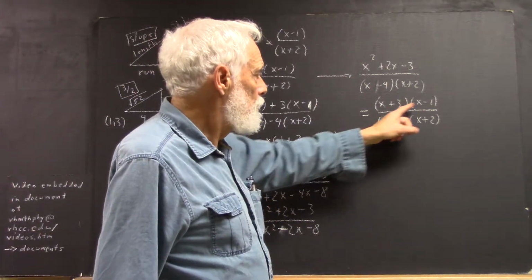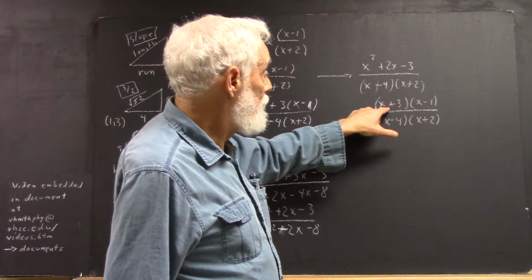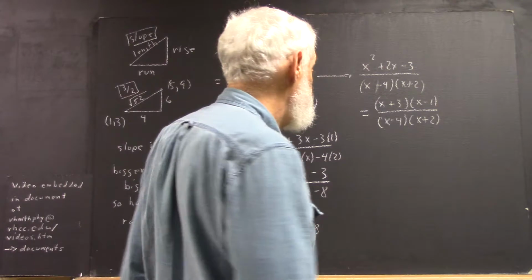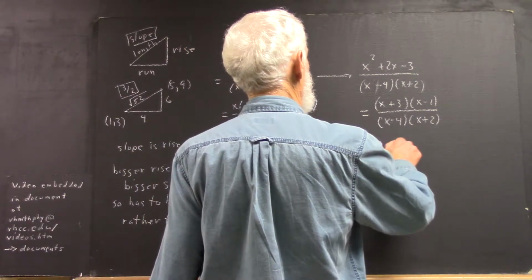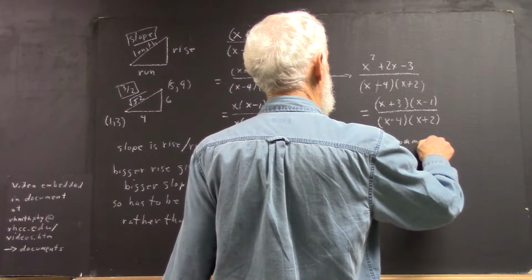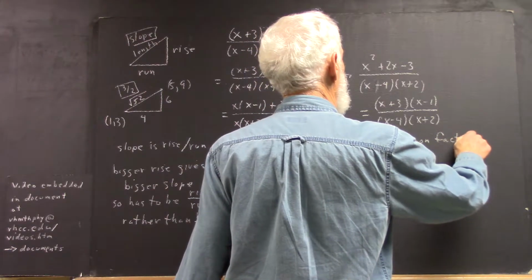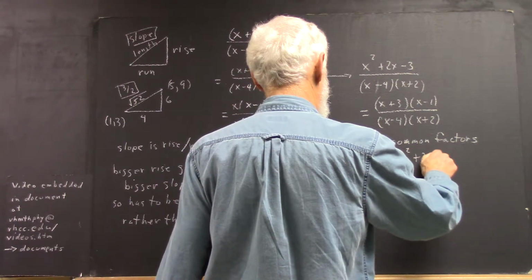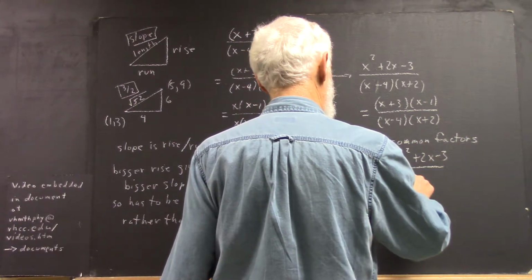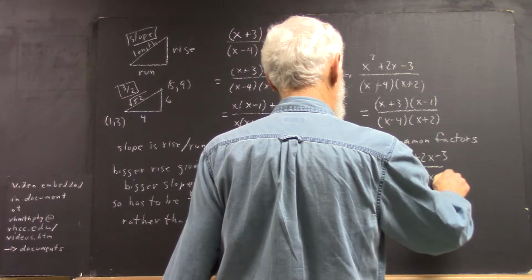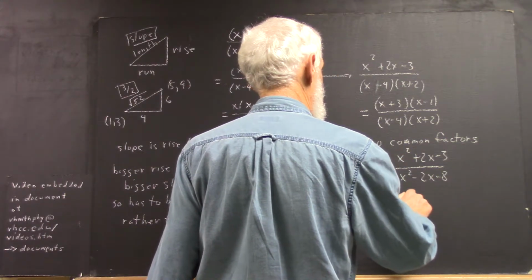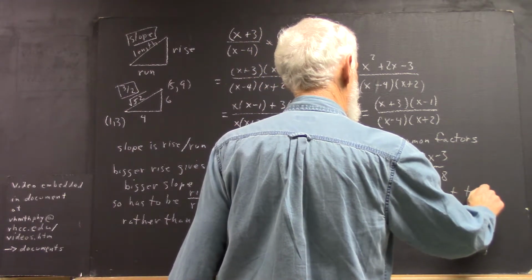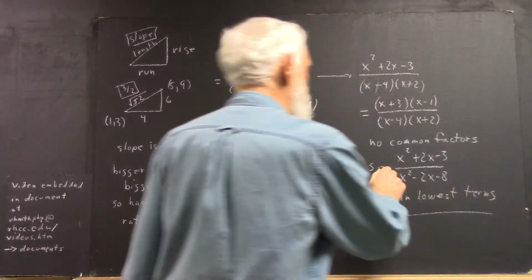And the reason you want to look at the factored form is you want to see if either of these matches either of these. Okay? There are no common factors, so this is in lowest terms.